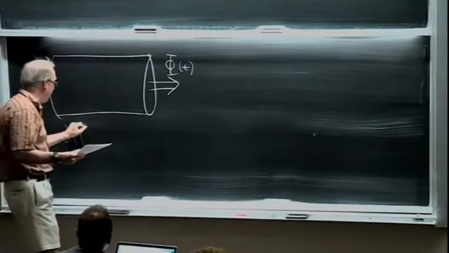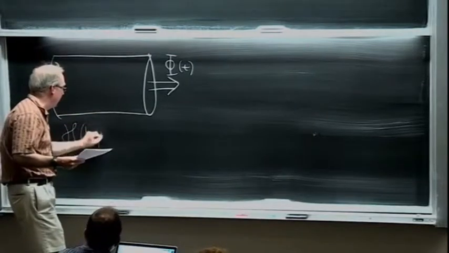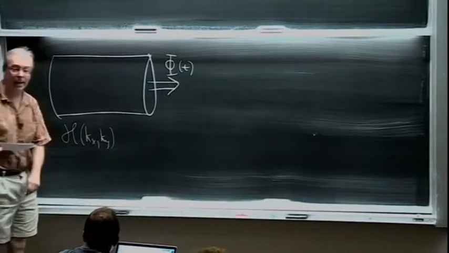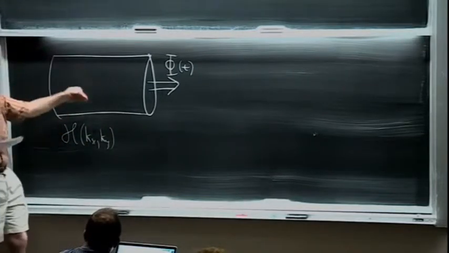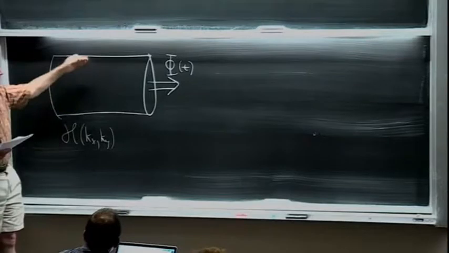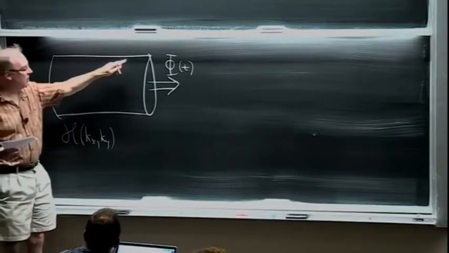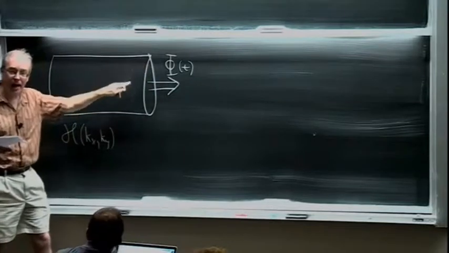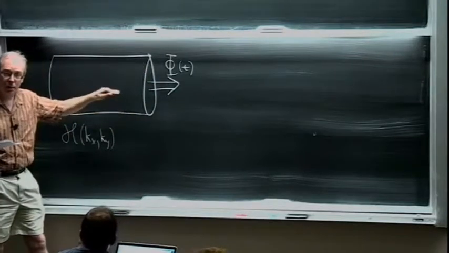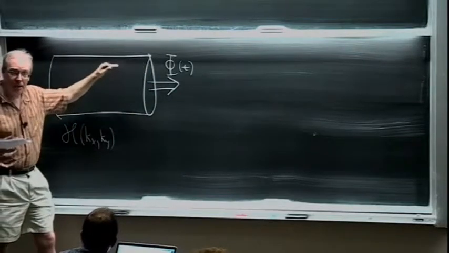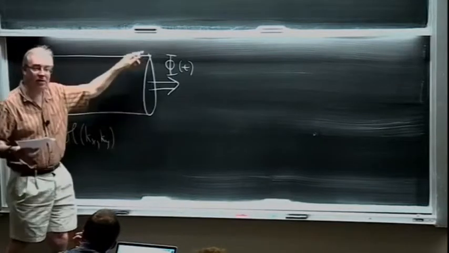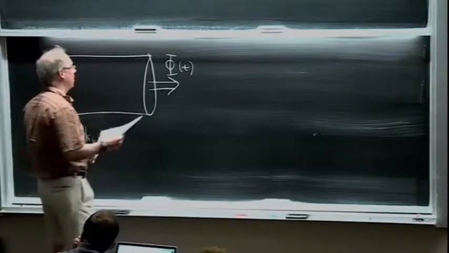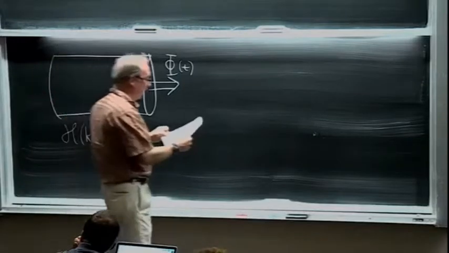And so I have a Hamiltonian, which is a function of kx and ky now. Okay, but I've wrapped it on the cylinder, and so what that means is that the values that ky can have are going to be quantized, because of the finite circumference of the circle.